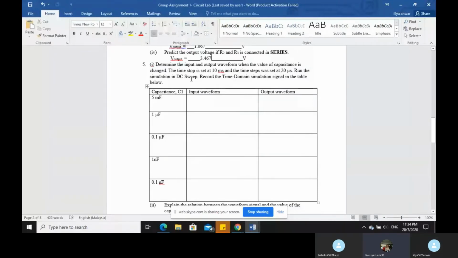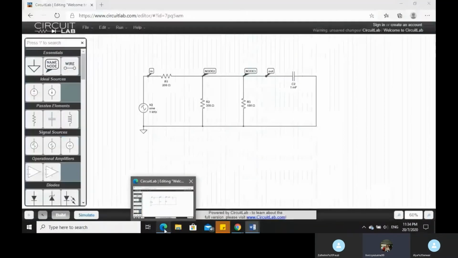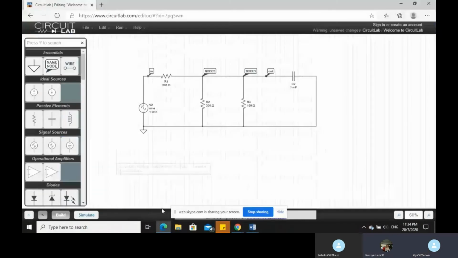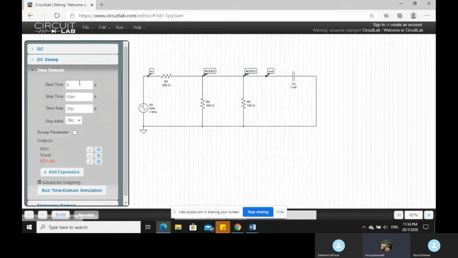So Ilya will show how to construct the waveform when the time stop is set at 10 ms and the time step was set at 20 microsecond.